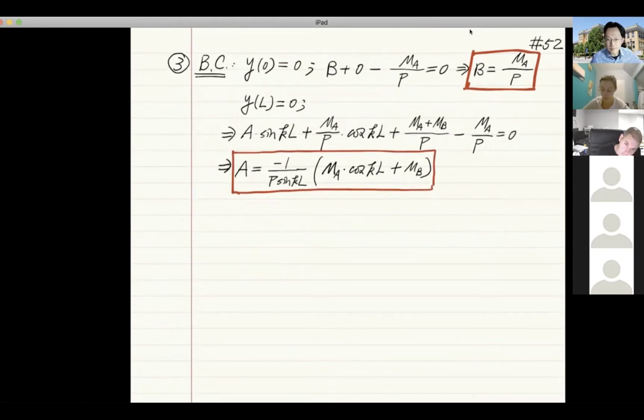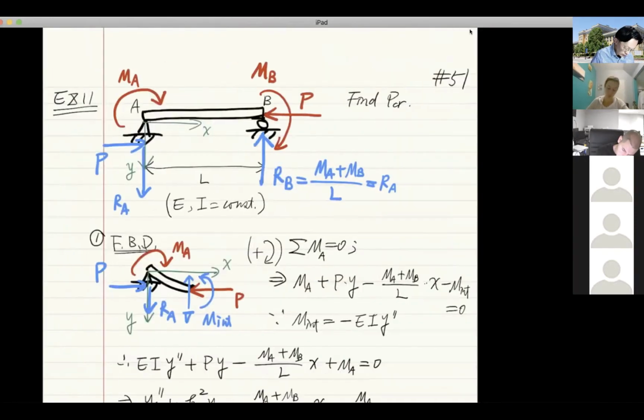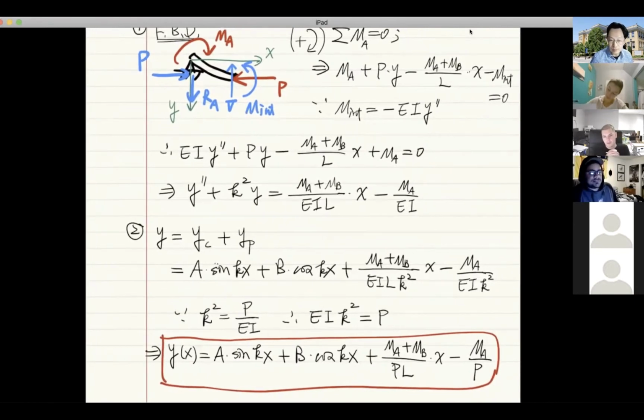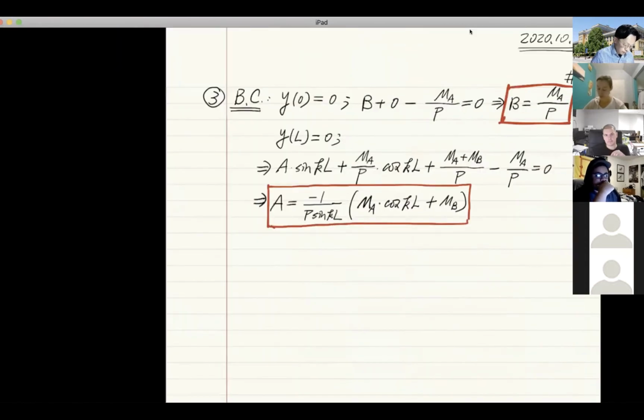Now, what we're going to do about this analysis is, with A and B, that means we have completely evaluated this function. The only unknowns are A and B, right? That means we know everything. So what we're going to do next is to look at the behavior of this curve, because this function y of x is not completely defined.